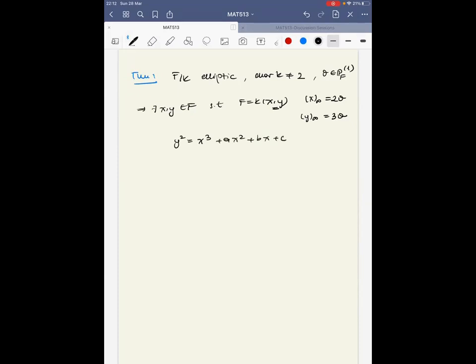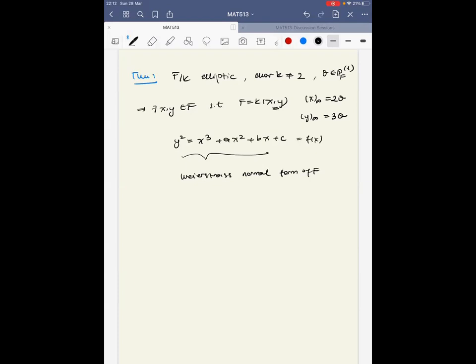And in the literature, this form is called the Weierstrass equation, or the Weierstrass normal form of F.